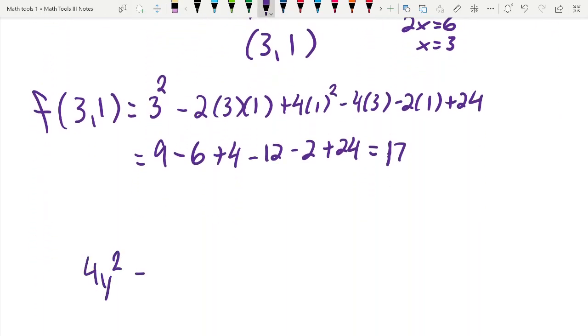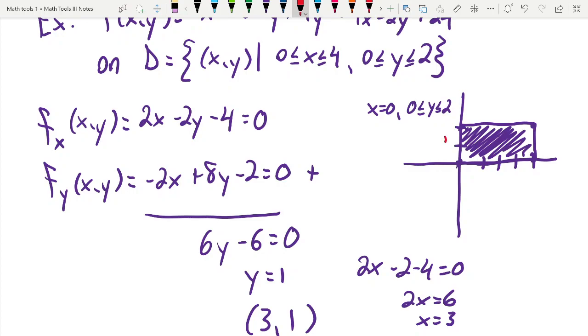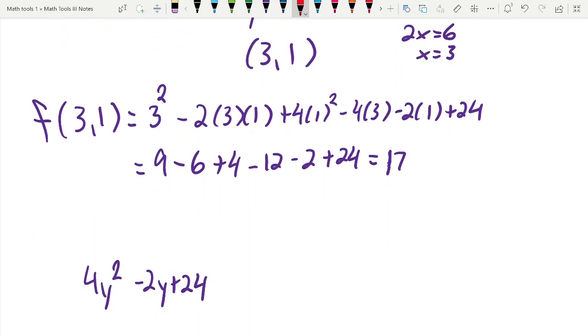So I'm going to break this up. Let's call this L1, this L2, this L3, and this L4. So 4 different lines here that we're going to be checking, just to organize this a little better. So here x is equal to 0 and y is between 0 and 2.